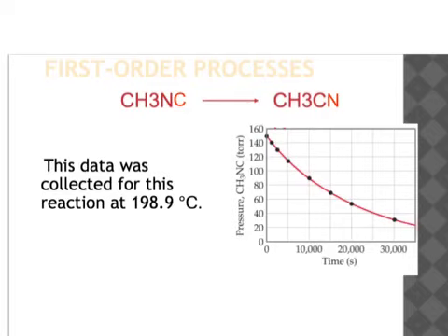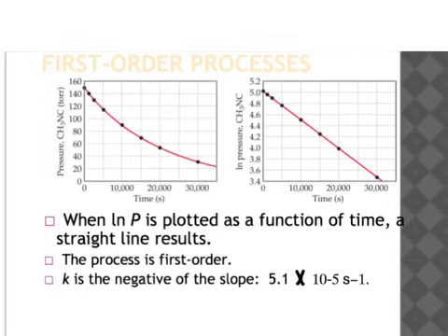Now, if we take these data and instead graph the natural log of the pressure of the isonitrile over time, then we would get a straight line. And getting a straight line will confirm that this is a first order process. And k, the rate constant for this reaction, will be the negative value of the slope of that line.